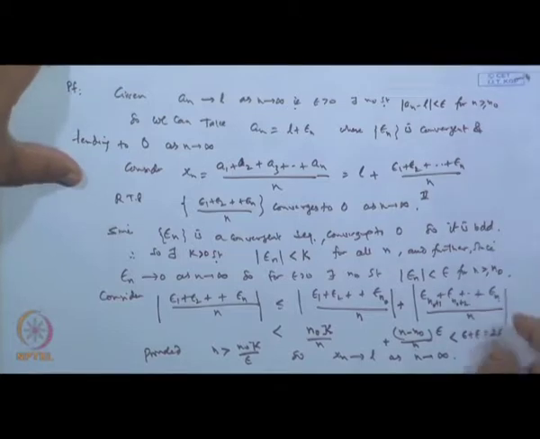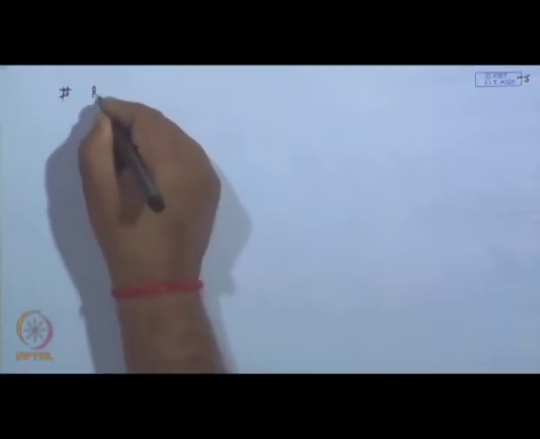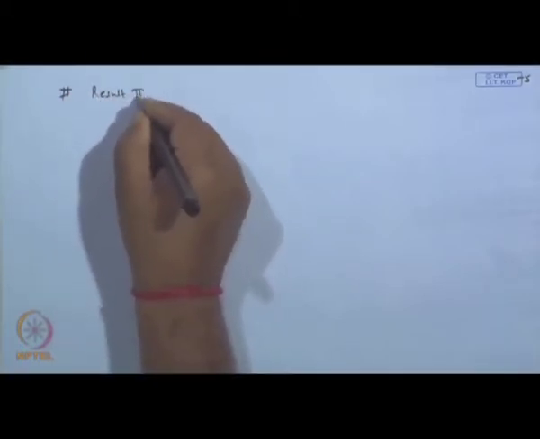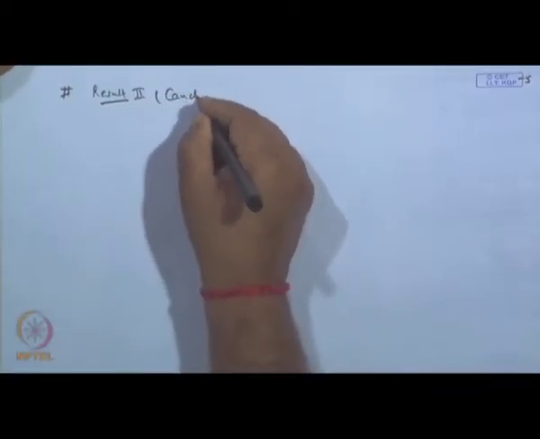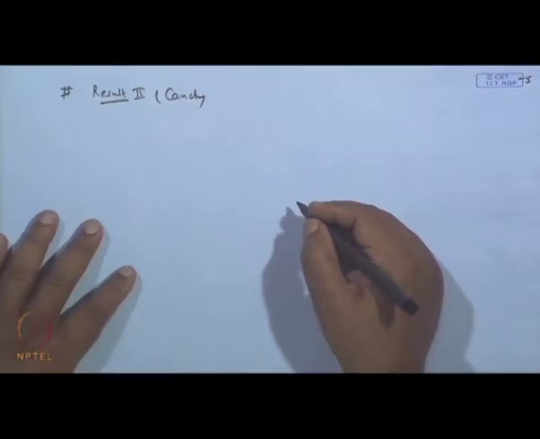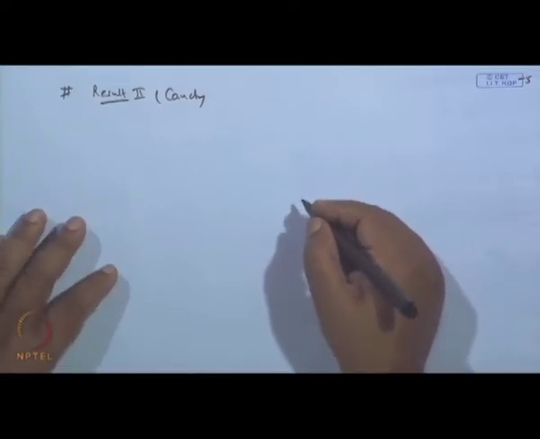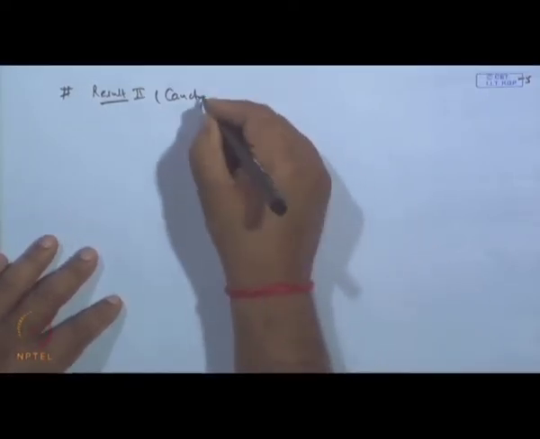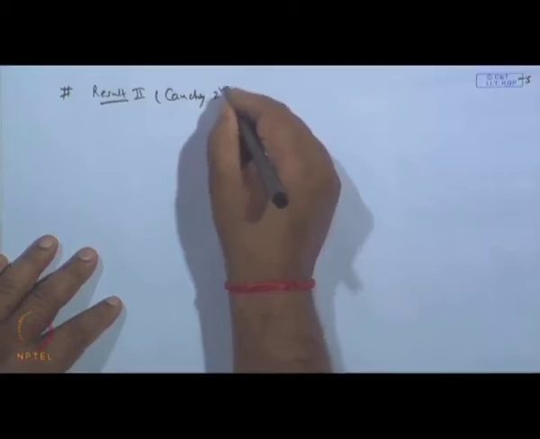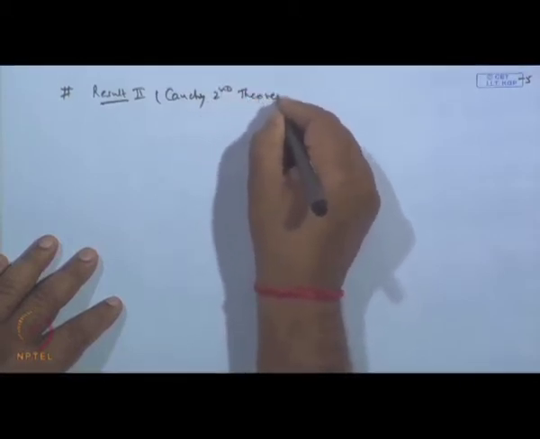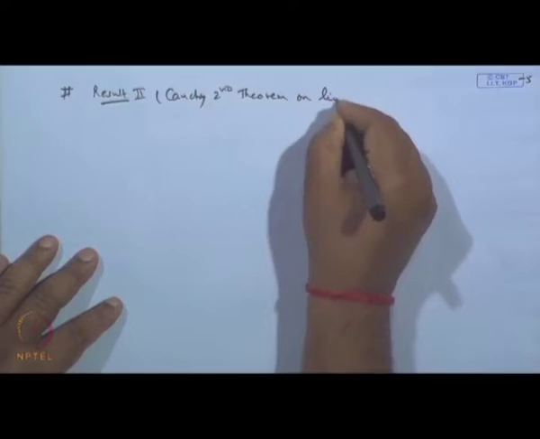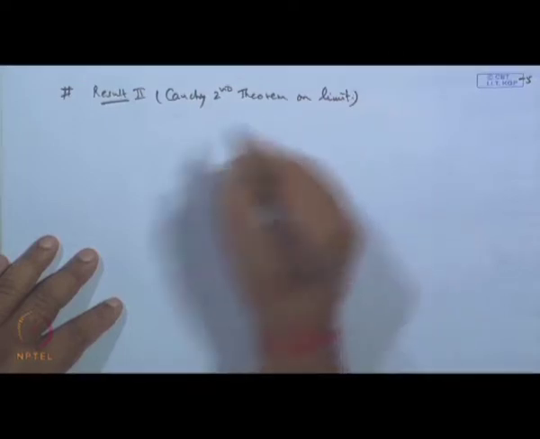This is the first Cauchy theorem on limits. The second Cauchy theorem, that is result 2, which we also call Cauchy's second theorem on limits.